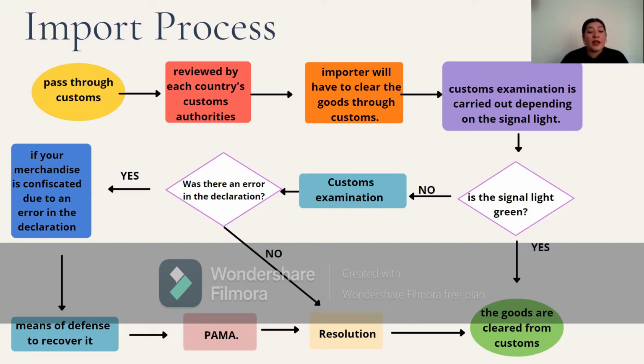And after that, the PAMA, or the Customs Administrative Procedure, will need to start. In here, we will need to present proofs, and we will need to wait for the resolution in order to know what our infractions and or sanctions are. Then after the PAMA is solved, we are going to pass to the resolution, and then finally we will get our goods cleared from the customs.